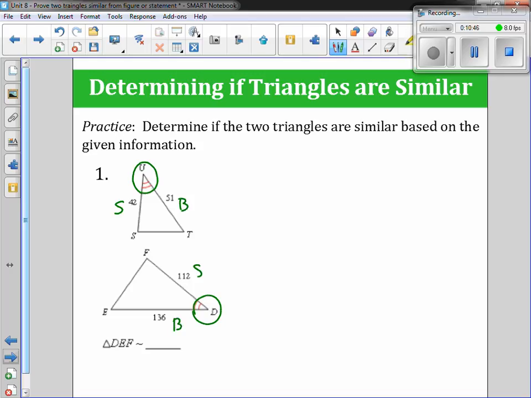So we're going to set up our proportions of 42 compared to 112 and 51 compared to 136. Both of these simplify to 3/8. So therefore, we have triangle DEF similar to triangle UTS by side, angle, side similarity.